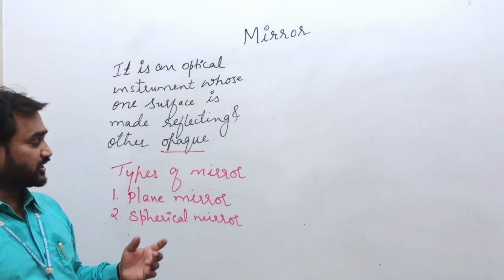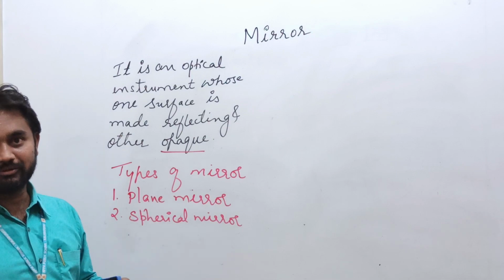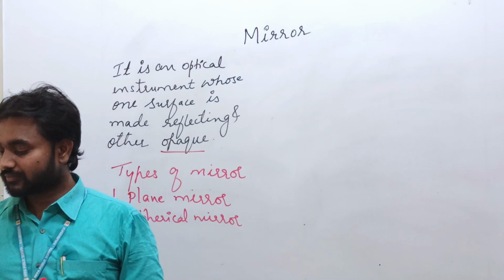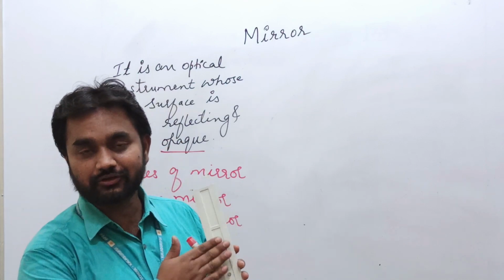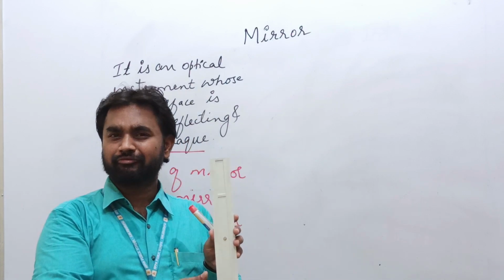Now, how do you differentiate between a plane mirror and a spherical mirror? If I take this scale, the surface of this scale is flat.